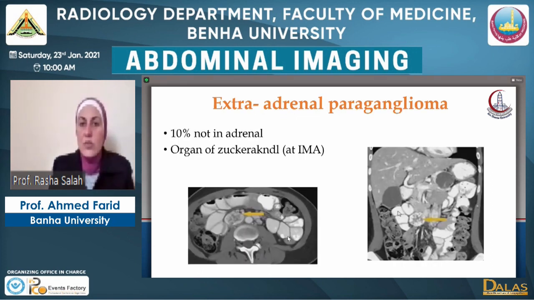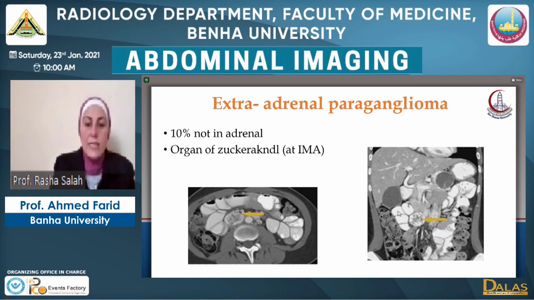As regards the extra-adrenal paragangliomas, we could search for the pheochromocytomas in the retroperitoneum, and they could occur all through the course till the organ of Zuckerkandl, which is located at the level of the inferior mesenteric artery or the bladder dome.